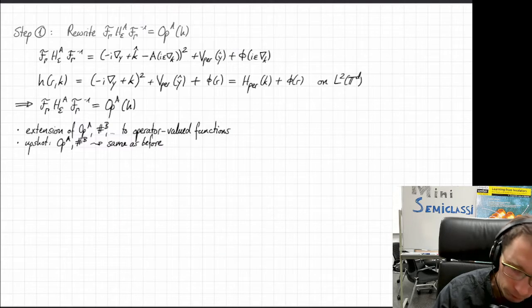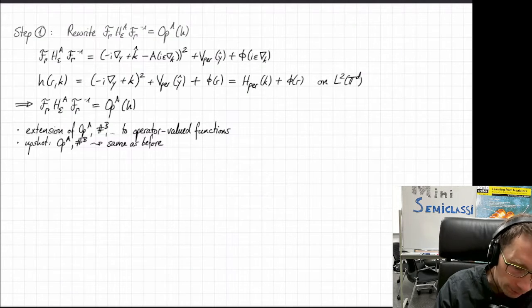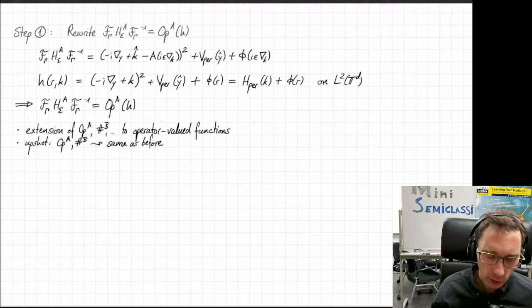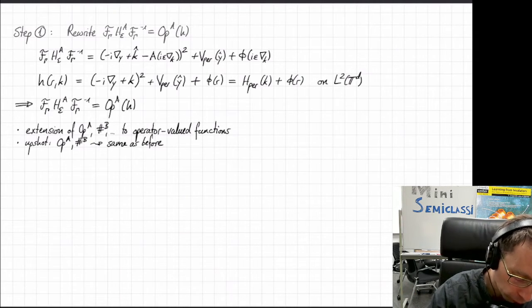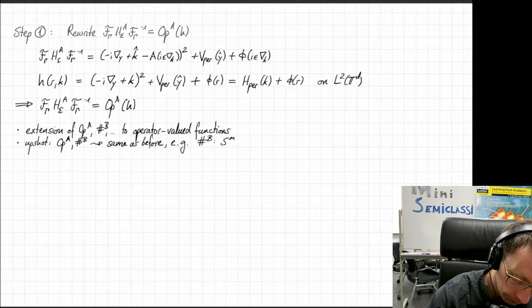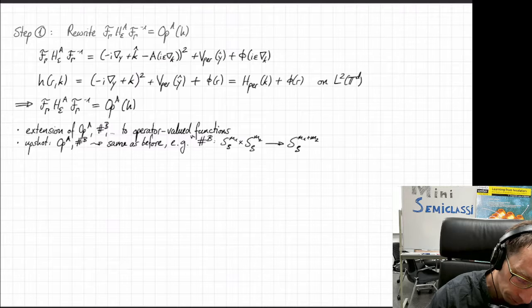For example, you still have a notion of operator-valued Hörmander symbols, and for those you have good composition properties. Of course, let me add quotation marks, because it's a little bit more complicated here as you're dealing with unbounded operators or unbounded operator-valued functions.